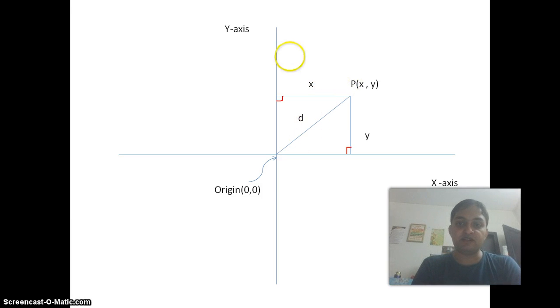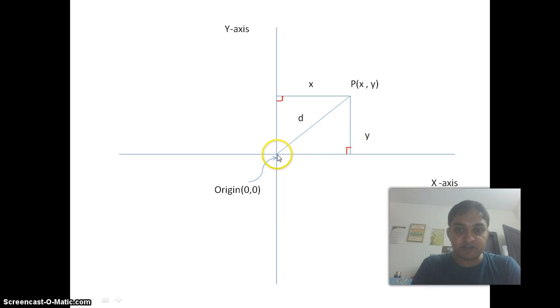So the remaining angle of the quadrilateral will again be 90°, and hence we are getting a rectangle here. Since we have a rectangle here, this side x and this side will again be x because opposite sides are equal. Similarly, this is y and this is y.